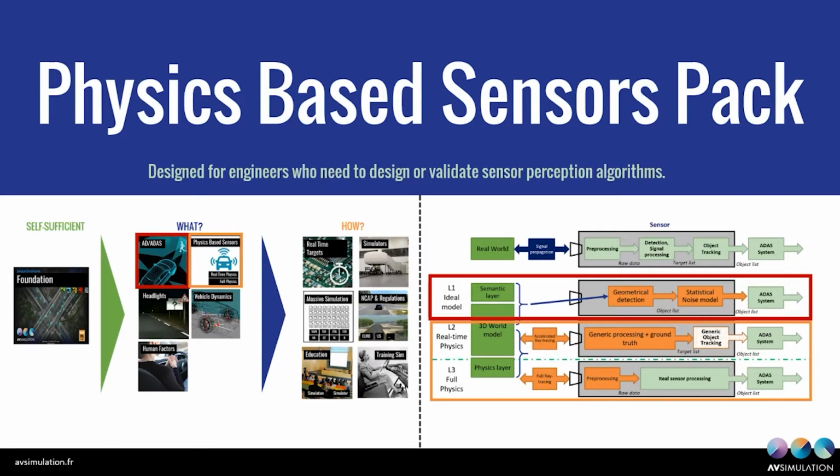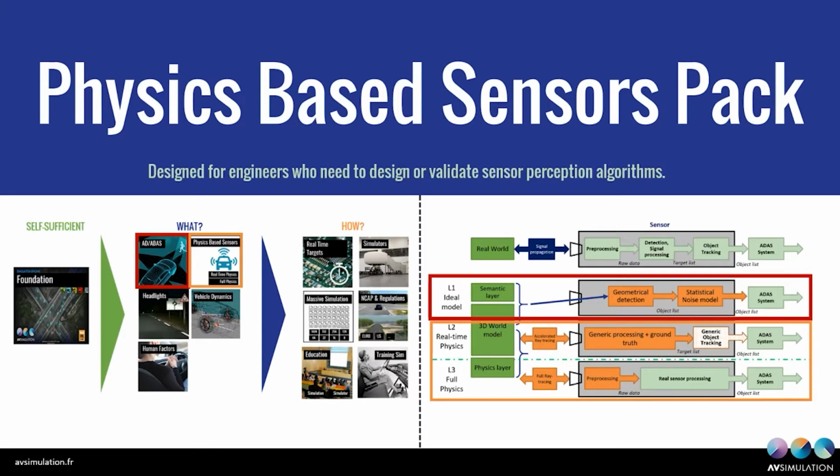We are going to focus more on level 2 and level 3, which are more new to SCANeR Studio. The physics-based sensor is actually made of this level 2 real-time physics sensor and this level 3 full physics sensor. We'll go into more detail about what is level 3 and what is level 2.